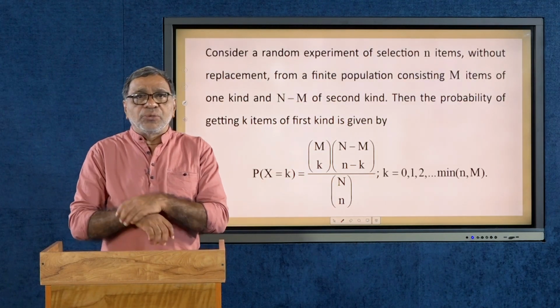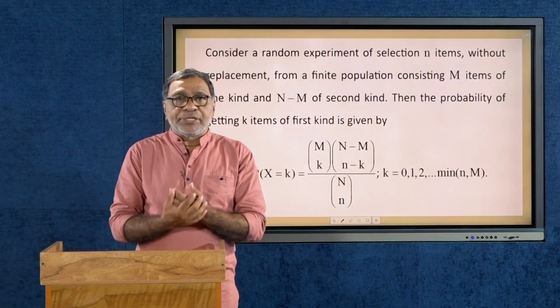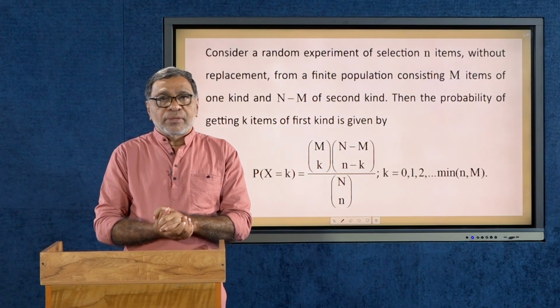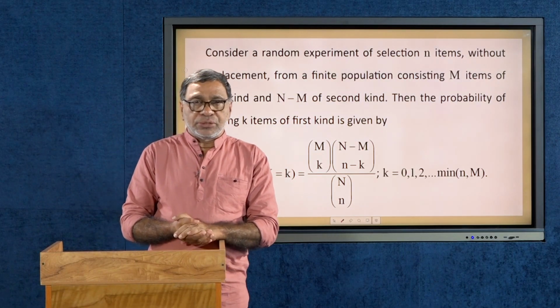And how do we explain the probability mass function of the hypergeometric distribution?